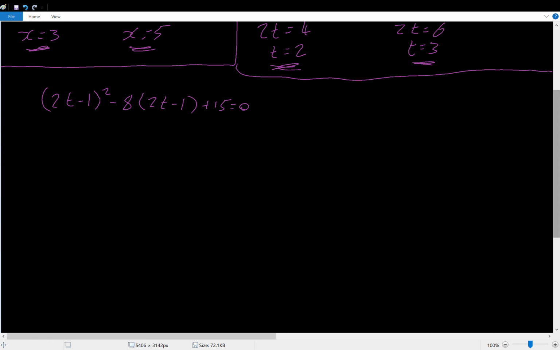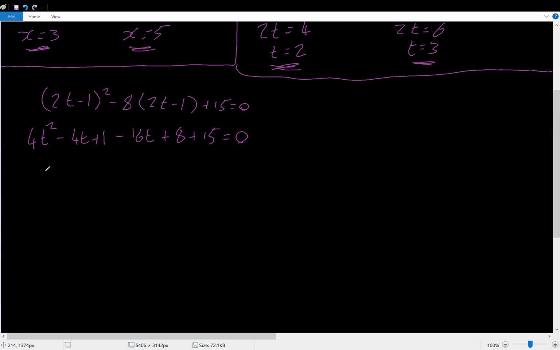If we expand the first bracket out, we get 4t squared minus 4t plus 1. When we multiply the next bracket, we get minus 16t plus 8, plus 15 is equal to 0. Now we're going to add what can be added together and take away what can be taken away.